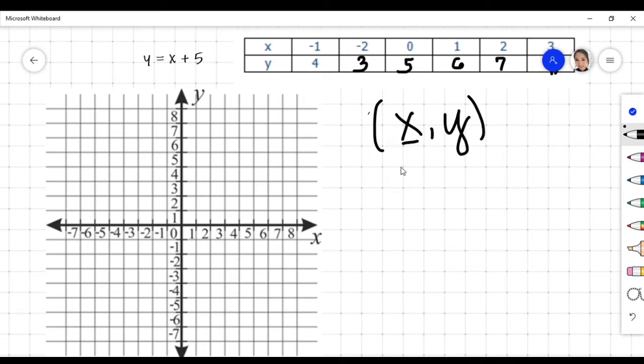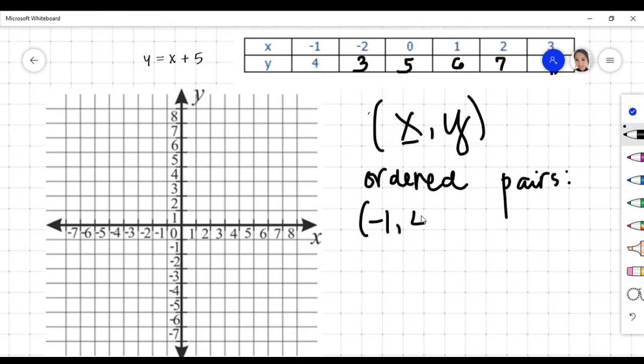So, let's list the ordered pairs na nakuha natin sa ating table of values. Okay, so we have -1 and +4. Then we have -2 and +3.